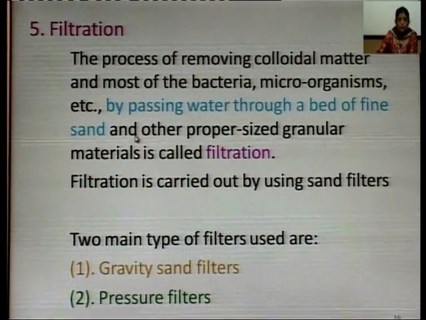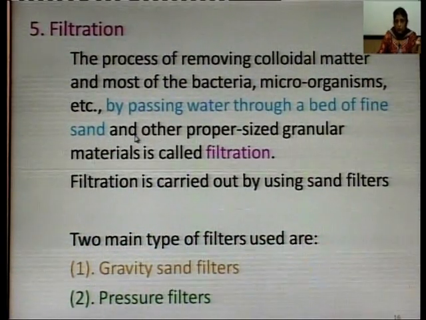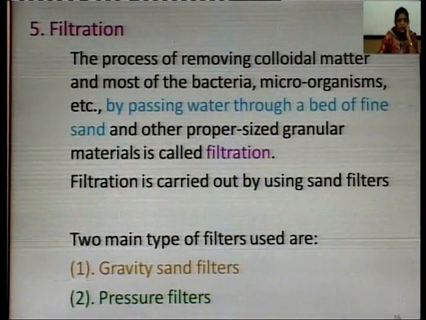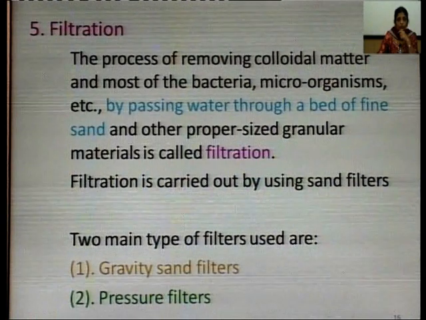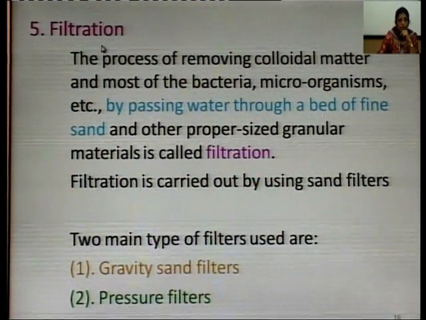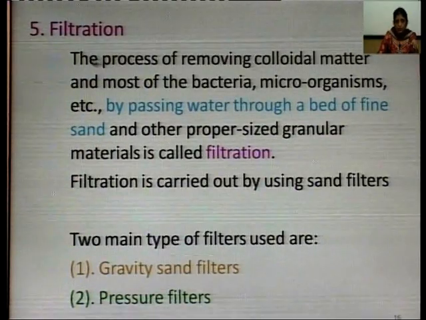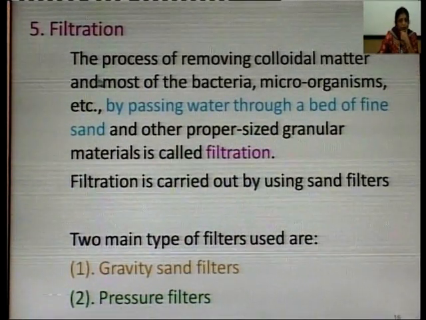The fifth process, first one was storage, second one was screening, then sedimentation and coagulation. The fifth method is filtration. These steps are done one by one. So, after coagulation we proceed to filtration.